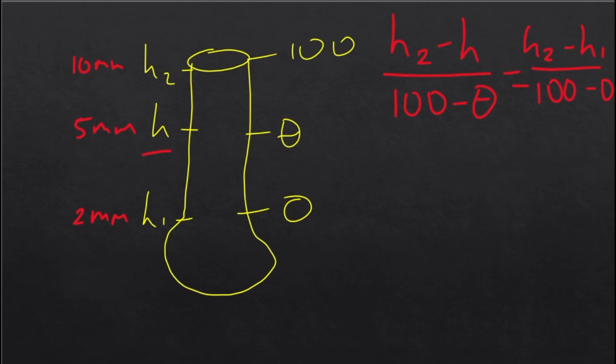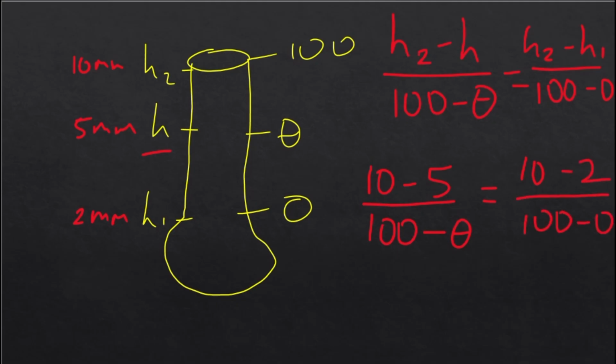So our H2 is 10 millimeters and our H is 5 millimeters, divided by 100 degrees Celsius minus theta, is equal to, our H2 again is 10 and our H1 is 2, over 100 minus 0. So in this case, you have 5 over 100 minus theta equal to 8 over 100 degrees Celsius.